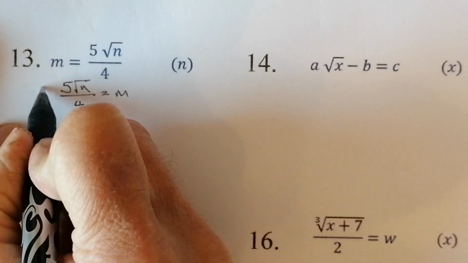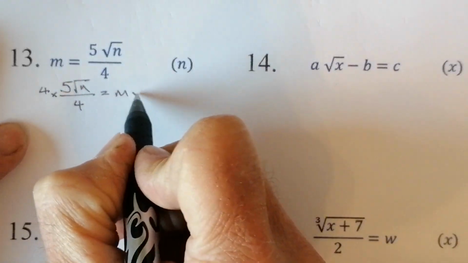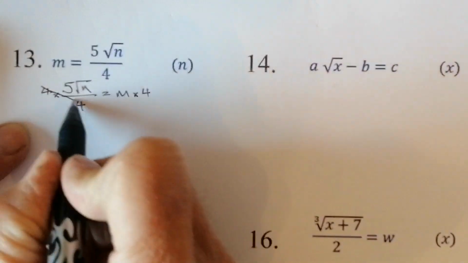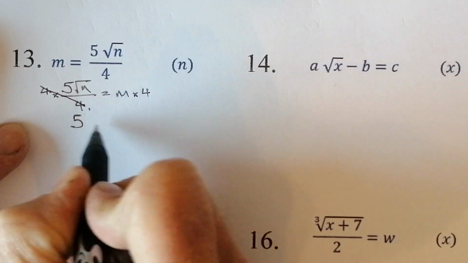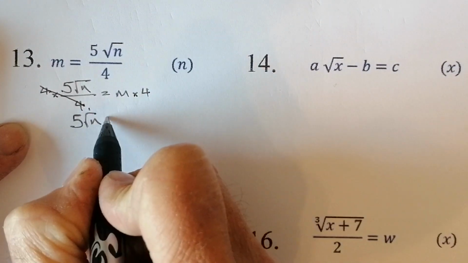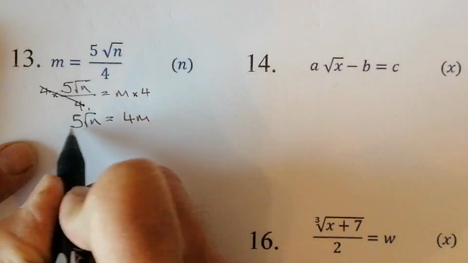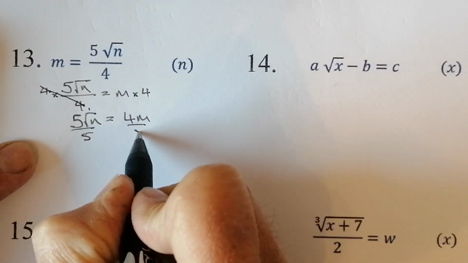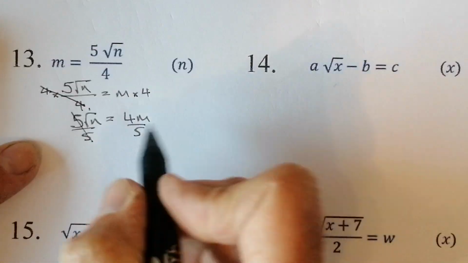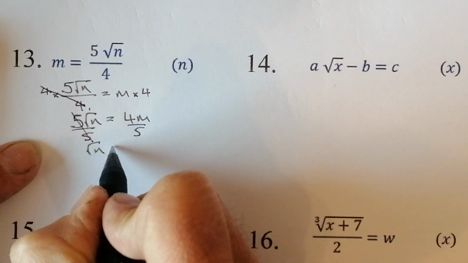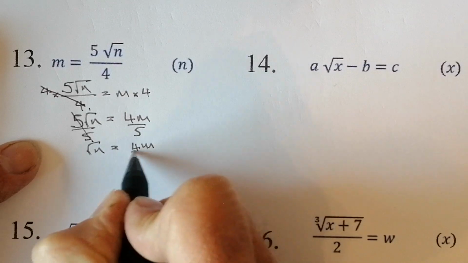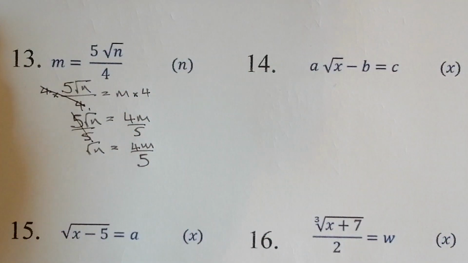I'm just going to do it in steps. So I'll times it by 4 and I'll times this side by 4. That eliminates the 4's that are there. So 5 root n is equal to 4m. I don't want the 5 there, so I'll divide each side by 5. Okay, so that will eliminate here, leaving with root n is equal to 4m all over 5.